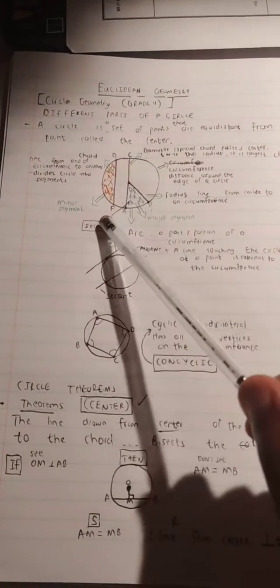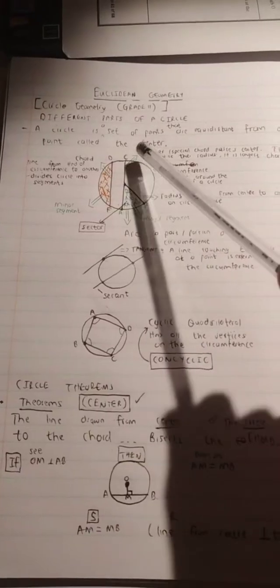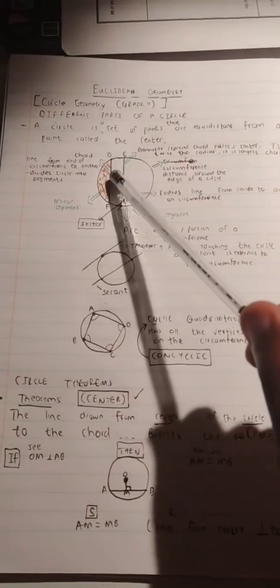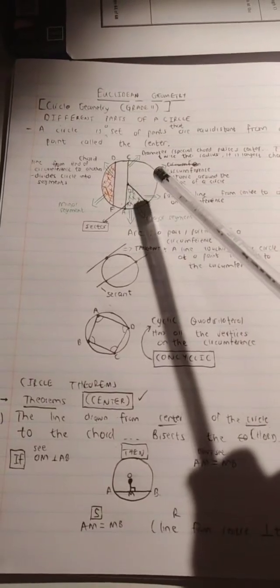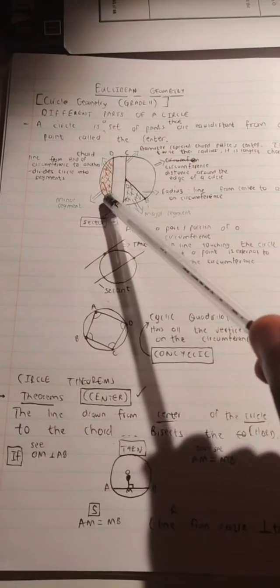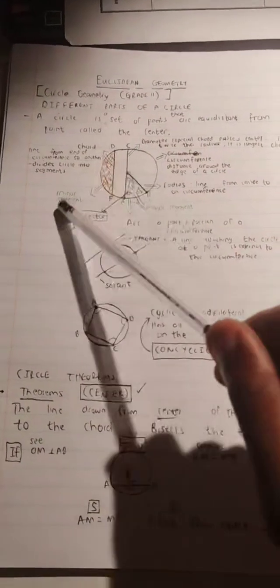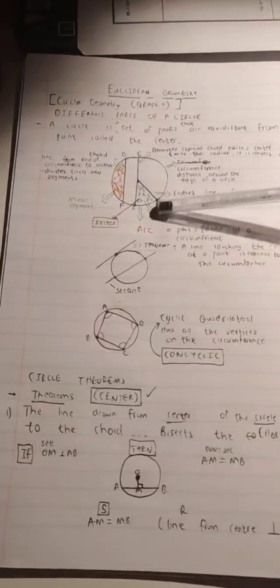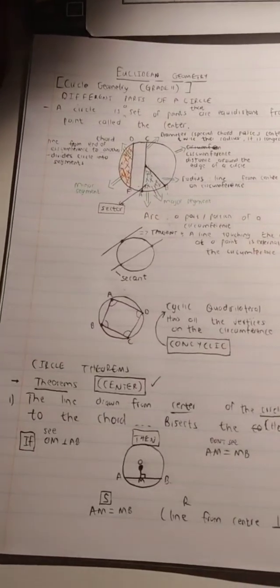A chord divides our circle into segments. This area in orange we call the minor segment, and the bigger region we call the major segment.